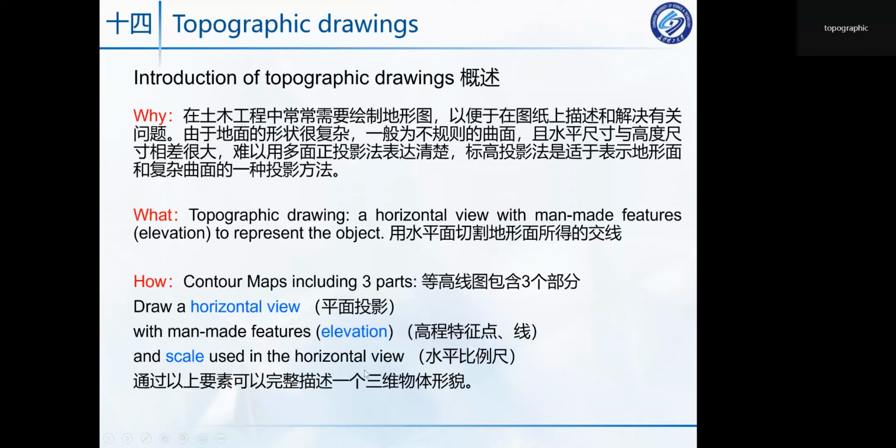So we have to know the actual distance between the different points from the top view. So based on the factors above, we can describe the object in three dimensions accurately.